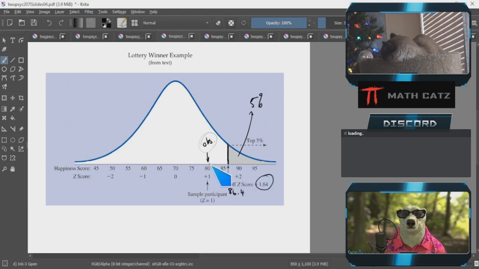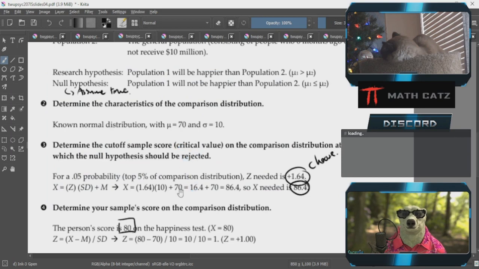So I can say that the evidence is not strong enough to suggest that the $10 million has a significant effect on happiness, because I got a person that I could have just gotten randomly anyway. Their happiness score wasn't very extreme. So we can say the evidence isn't strong enough.